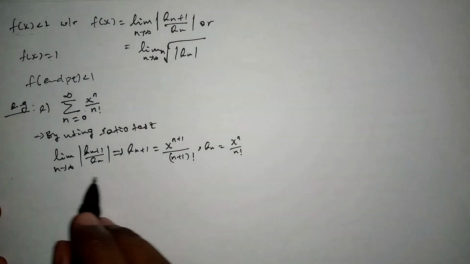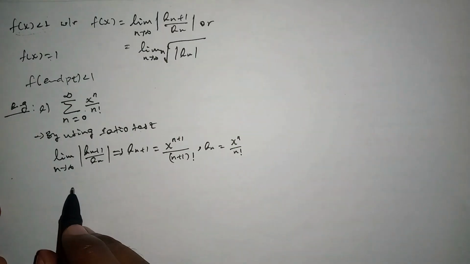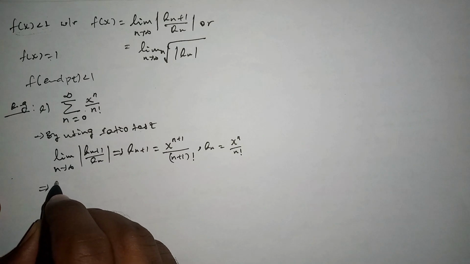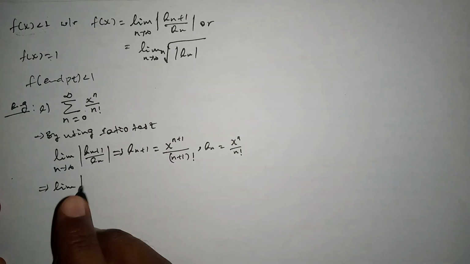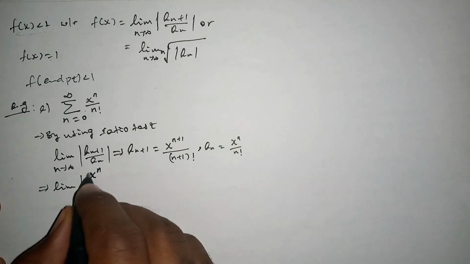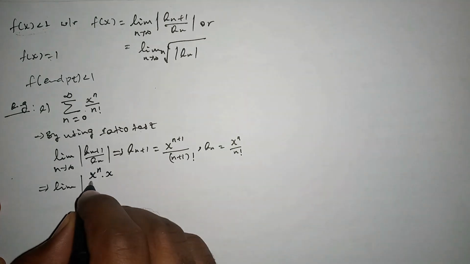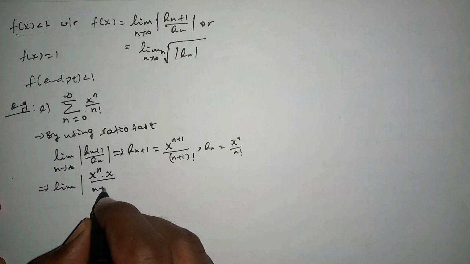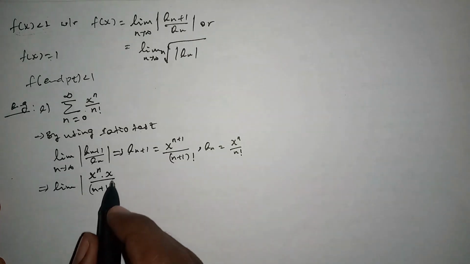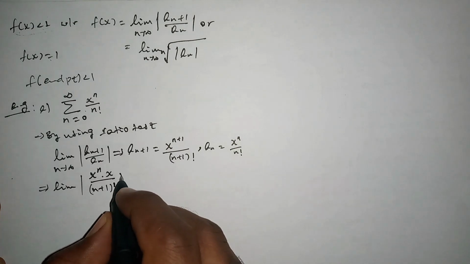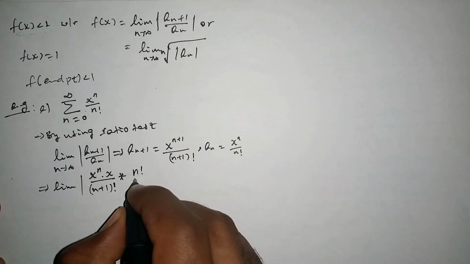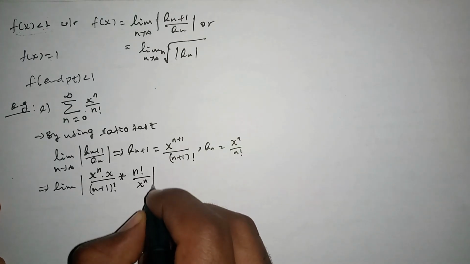So let's find the generalized ratio test by using those two terms. From this we have the limit of the absolute value of x power of n times x over n plus 1 factorial. This division will be changed into multiplication with an inversion, n factorial over x power of n, as n approaches infinity.